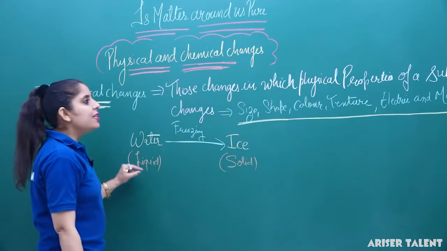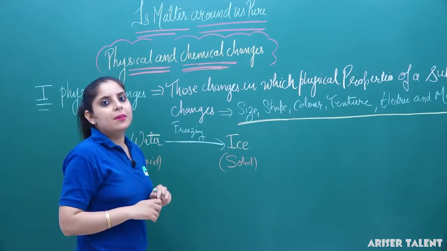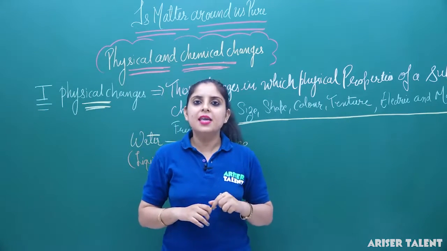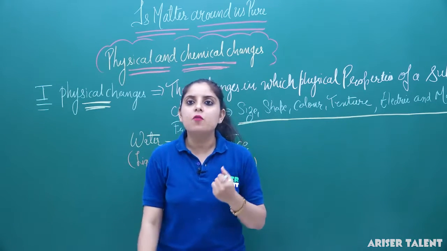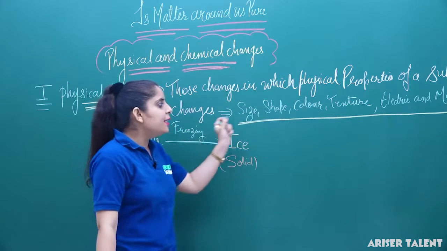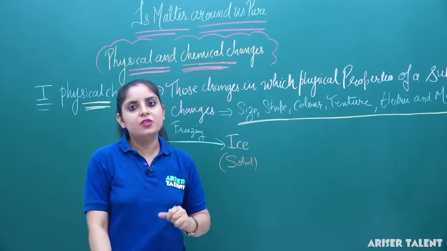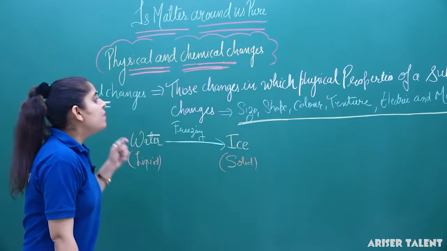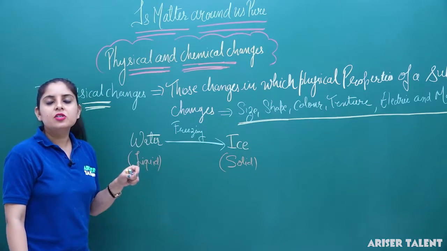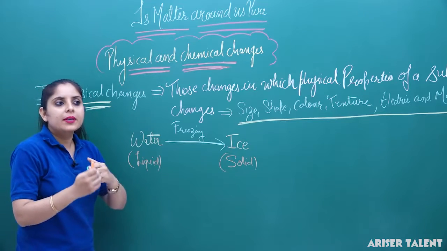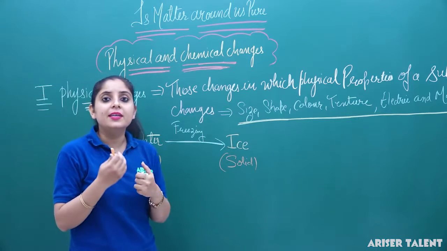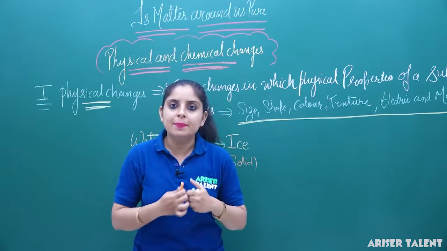Now you can see that the compound is the same. Water and ice are the same, only the physical appearance of the substance changes. So if any physical factor changes, you can say that a physical change has occurred. Now, whenever a physical change occurs, what are the things you can observe, and what characteristics change in the reaction?